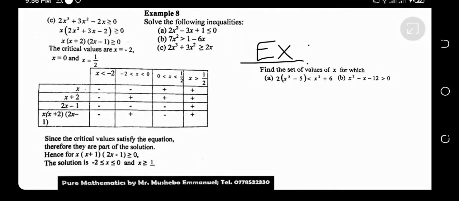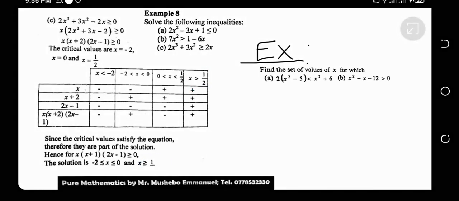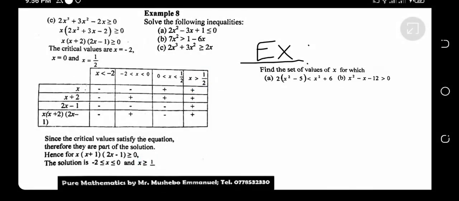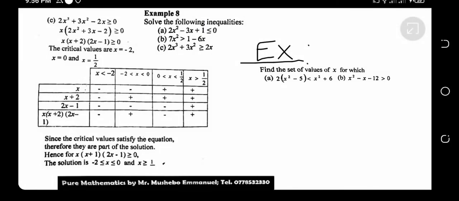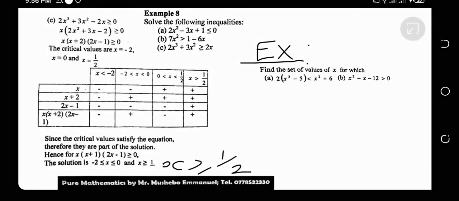And then this one here, it is a half. That is x greater than or equal to a half. There's simply some small mistake there. Here it is x greater than or equal to a half, like this. So that is the thing there.